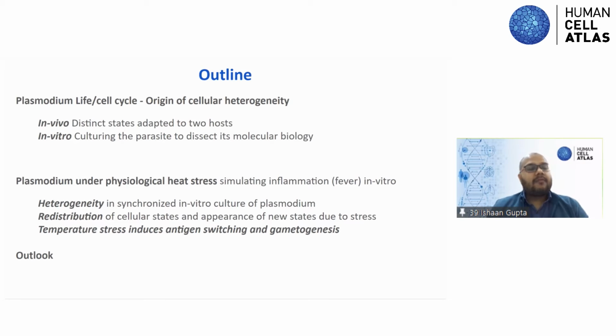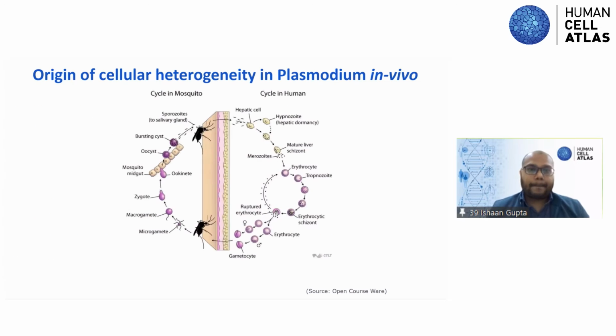And we have three main findings there for the Plasmodium in the intra-erythrocytic developmental stage, or the IDC: that in a typical synchronized culture that is used for many in vitro studies, there is heterogeneity. Whenever there is a stress, there is redistribution of cellular states across the developmental time course, and temperature stress induces some interesting phenomena such as antigen switching and pushes the parasite towards more dramatic disease.